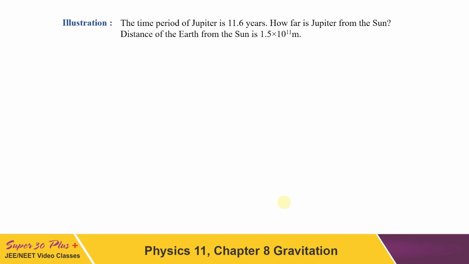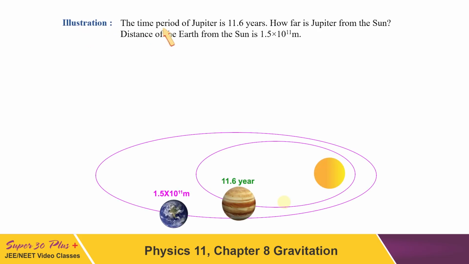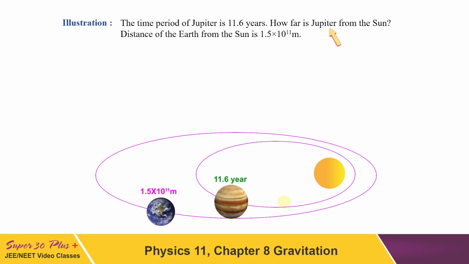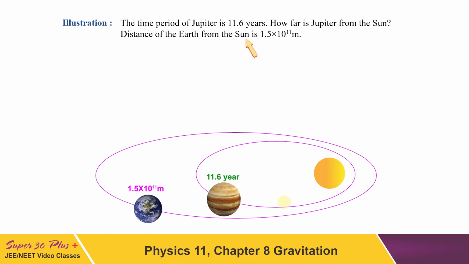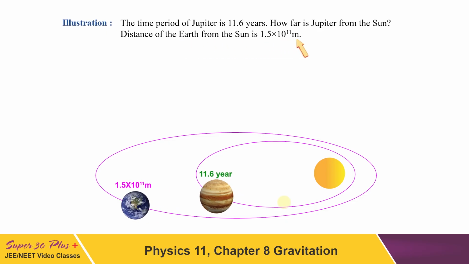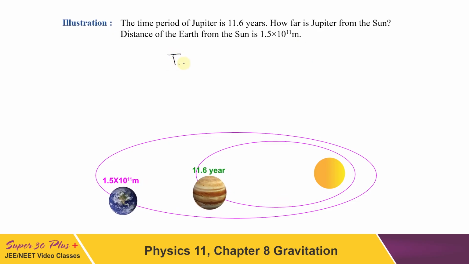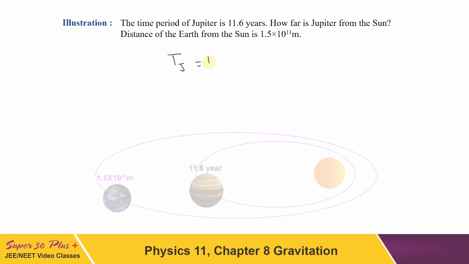The first illustration is: the time period of Jupiter is 11.6 years. How far is Jupiter from the Sun, if the distance of Earth from the Sun is given as 1.5 into 10 to the power 11 meter? So the time period of Jupiter is equal to 11.6 years.